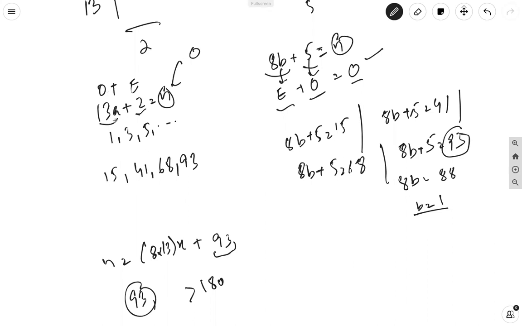So it will be odd when a is 1, a is 3, a is 5, when a is odd. When you put a as 1, the result is 15, a is 3, result is 41, a is 5, result is 68, then 93, right? When you start substituting values, you will get these. Now just simply equate these to the equation 8b plus 5 is equal to n. In whichever case you get b as an integer, that will be your first common term, and that is 93.